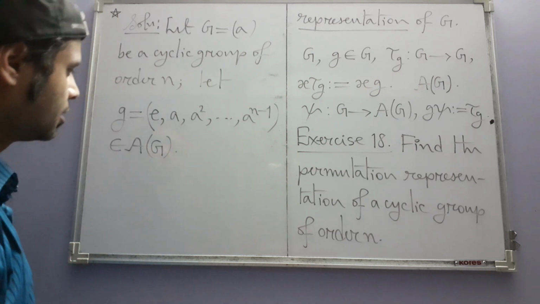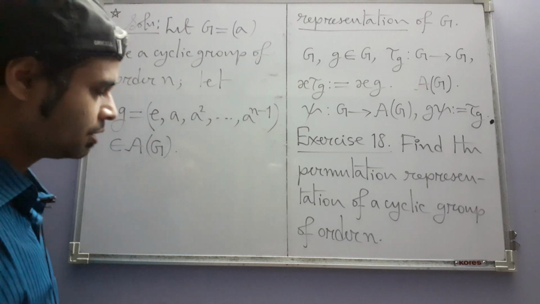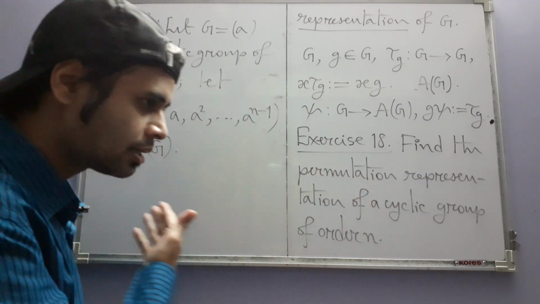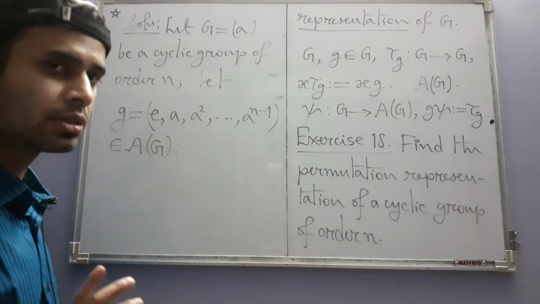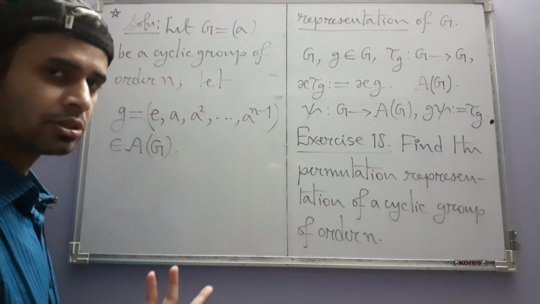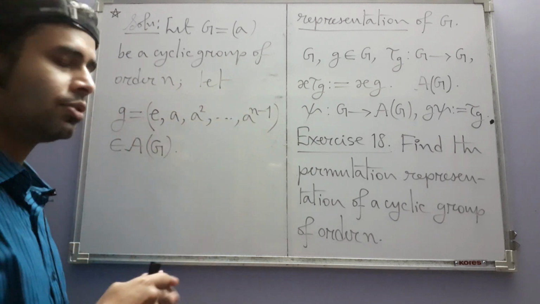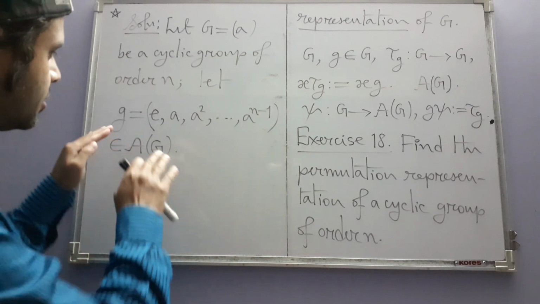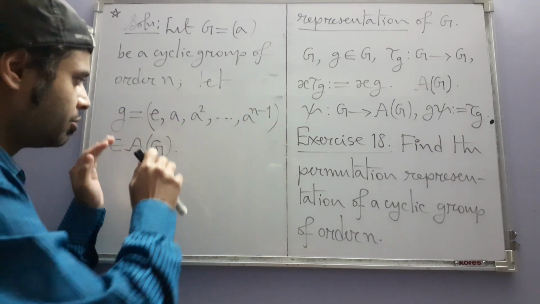A of G is the group of all permutations of G. That means the elements in the group G themselves are now being taken as symbols, and we are considering all the permutations of those symbols, and those symbols are nothing but these, because these are all the elements of G. So whatever you are seeing here is actually a permutation of those symbols. That means, it is this cycle. Okay, it could have been something else, but we need this cycle right now. And we are calling that cycle g. So it is an element in A of G.